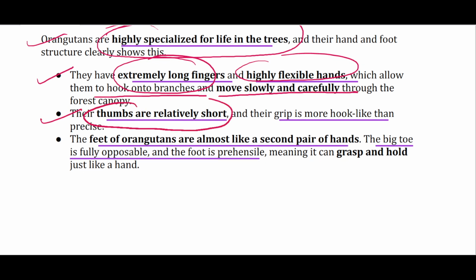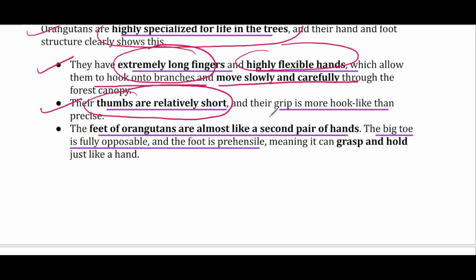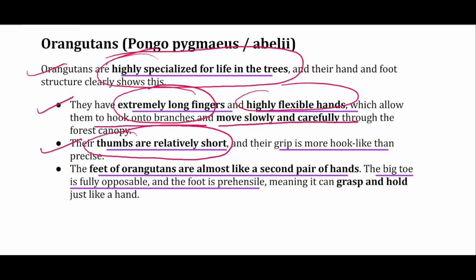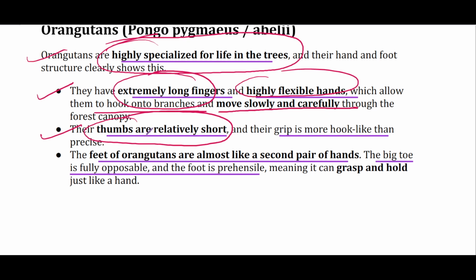Their thumbs are relatively short, and short thumb का आपको इससे पहले भी बताया था कि if thumbs are short, then the precision will not be there, but it is essential to hold the branches and move without interference.